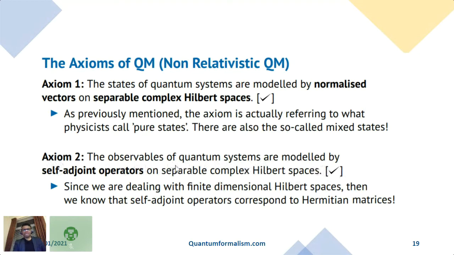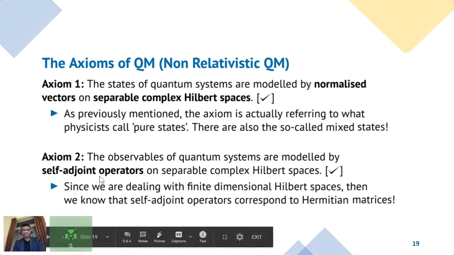Observables are things that, maybe this is where Soham can help us also, physicists call observable things that they can measure, like for example the energy of a system, or as they call it, the Hamiltonian. What this axiom is telling us is that the modeling aspects of these things are encoded in self-adjoint operators.